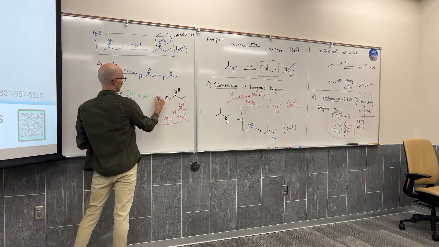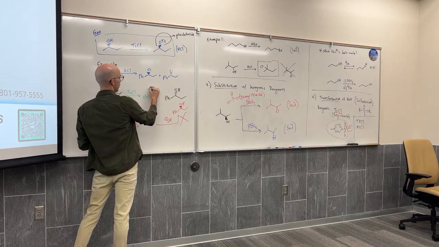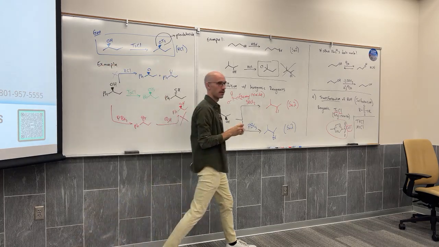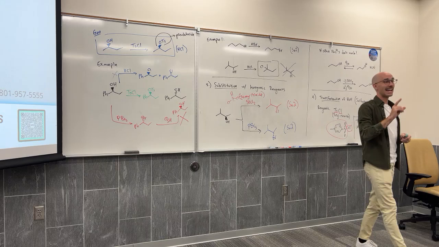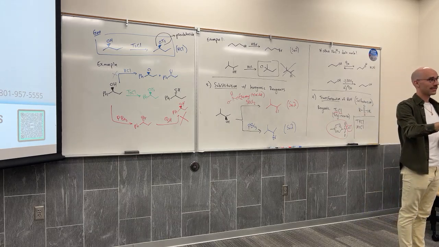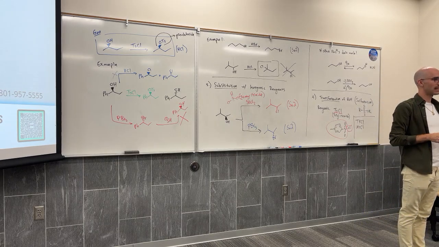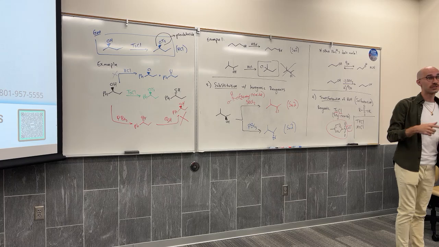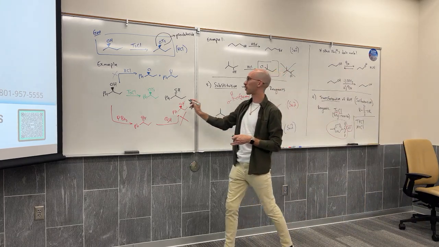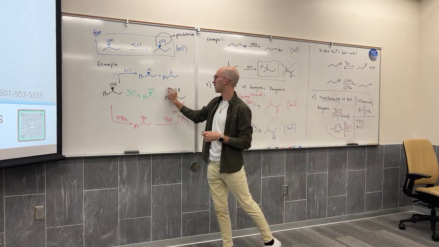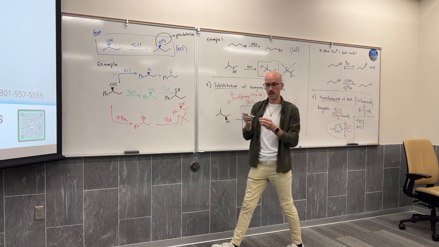TsCl gives me a wedged tosyl group. And now that can act like a halogen and go through SN2 substitution, inversion of stereochemistry with SH minus.